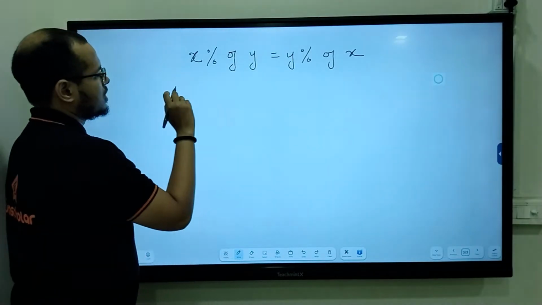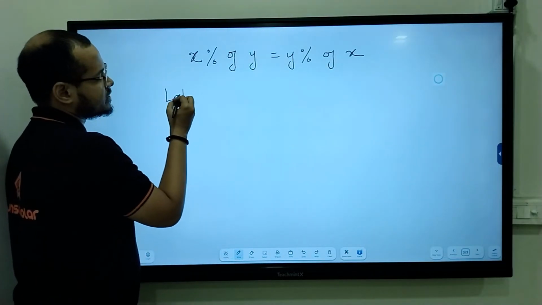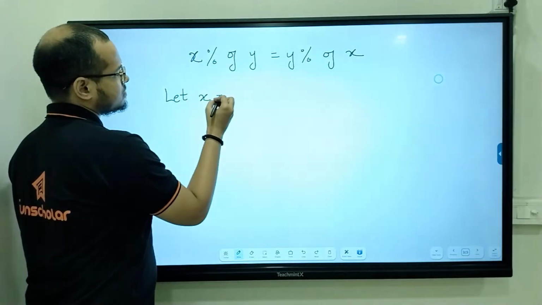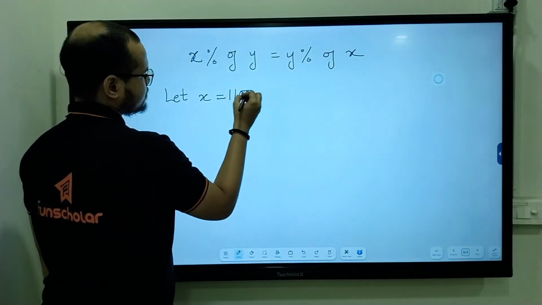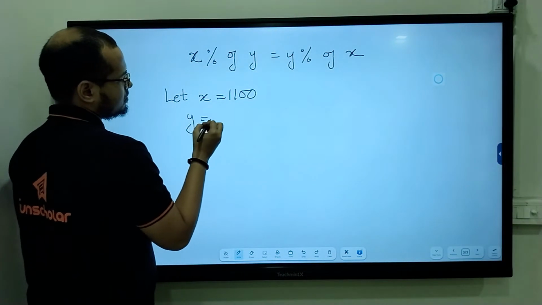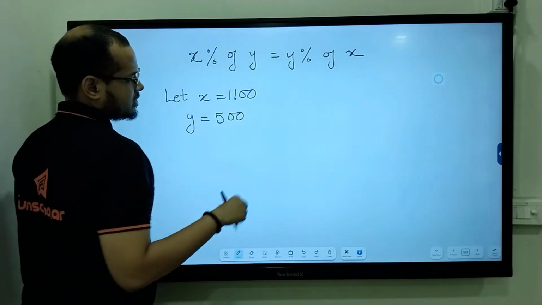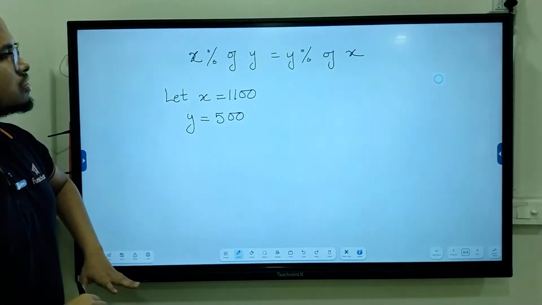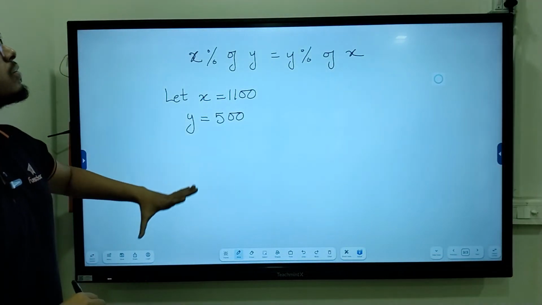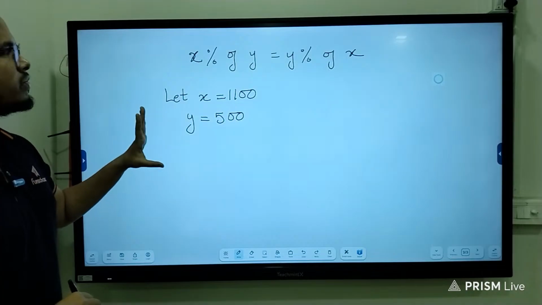Let's start. I'll take random values again. Let X be 1100 and Y be 500. Let me take arbitrary values so that you can see that even if the calculation is difficult, we can still solve it.